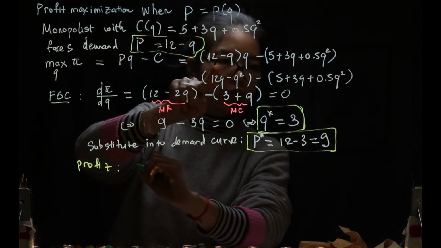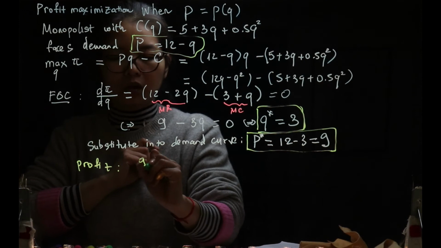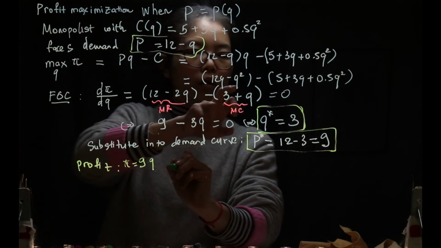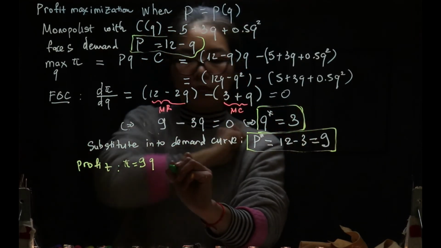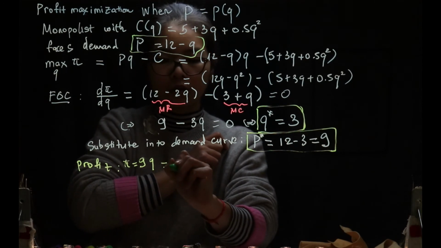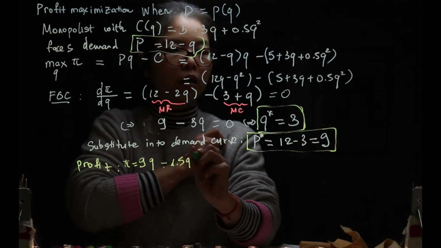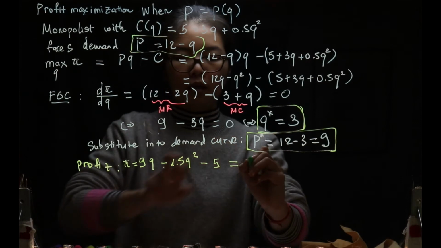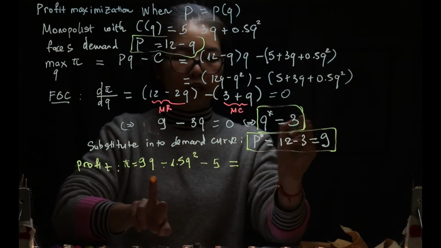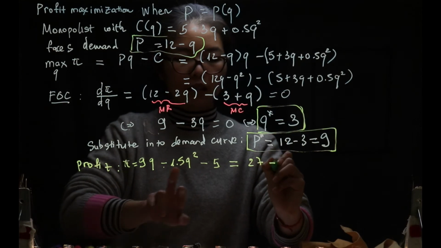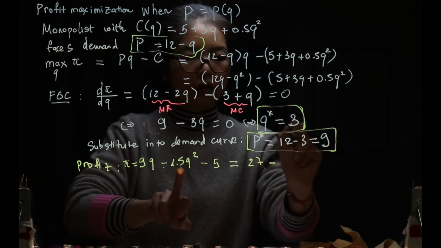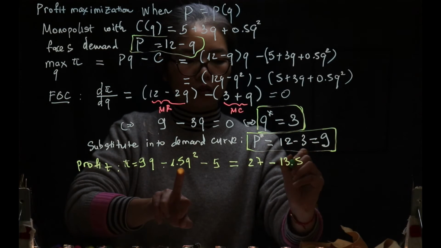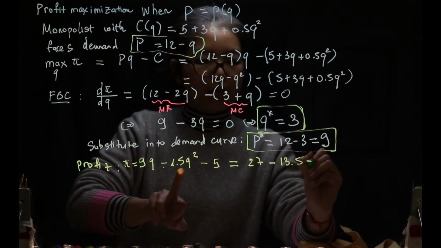So 12Q minus 3Q, so 9Q minus Q squared minus 0.5Q squared, and minus 5, equals 9 times 3, 27, minus 0.5 times 3 squared, which is 9, so that is 13.5, and then minus 5.